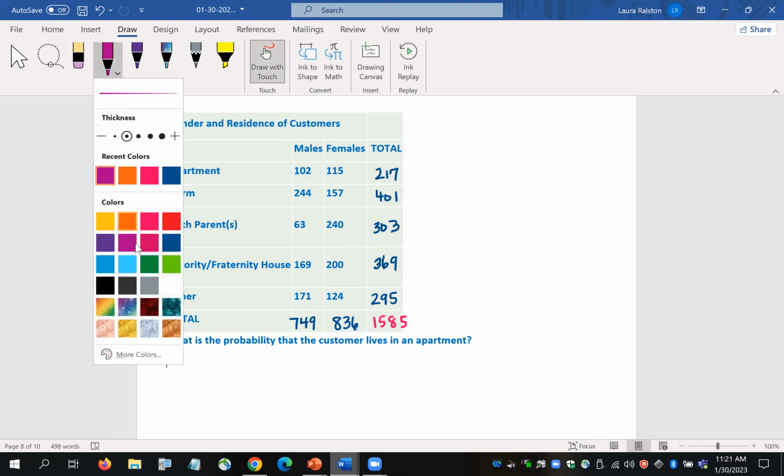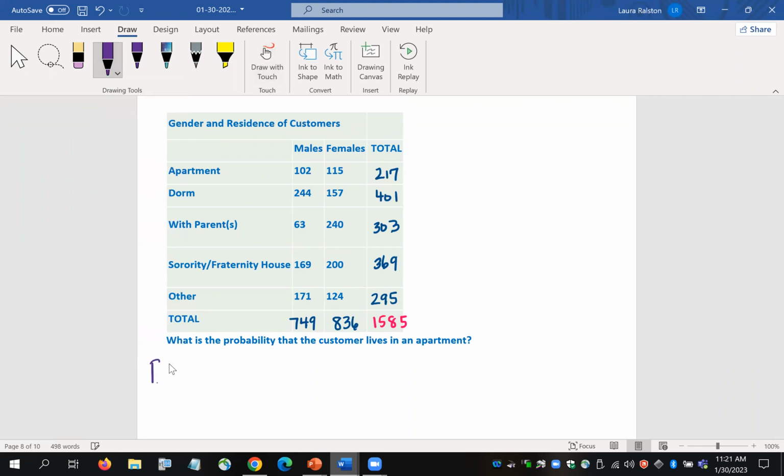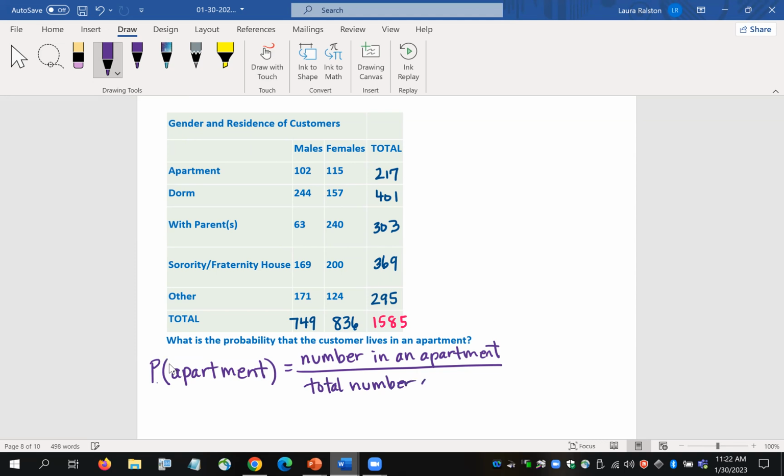So we want to know the probability that the customer lives in an apartment. Again, you're going to look at the number in an apartment in relationship to the total number of customers.